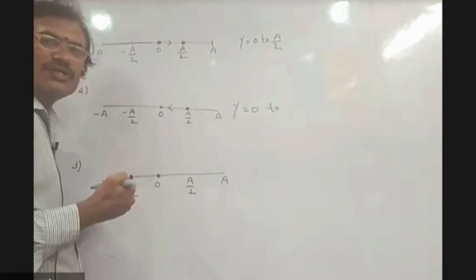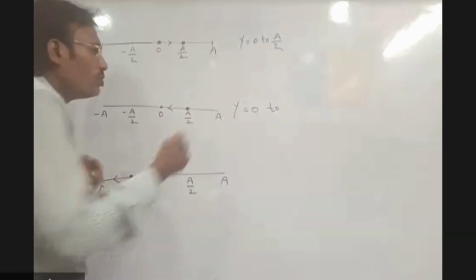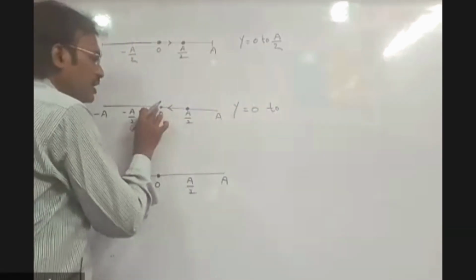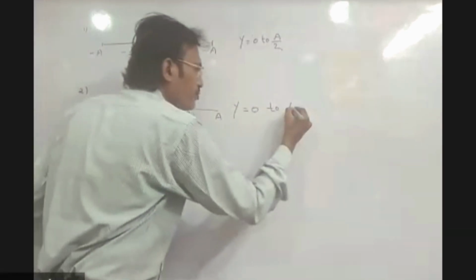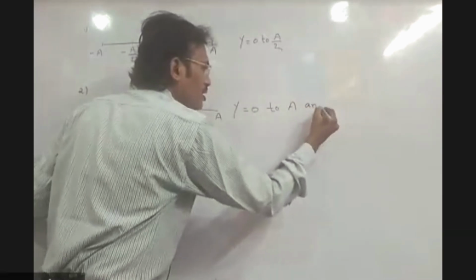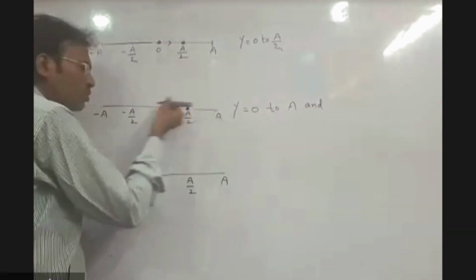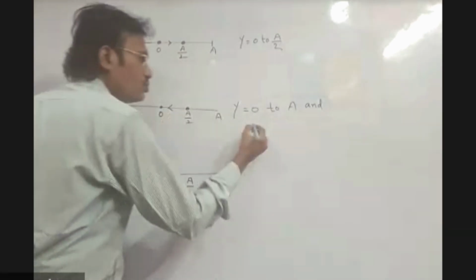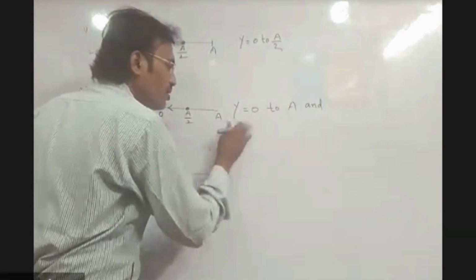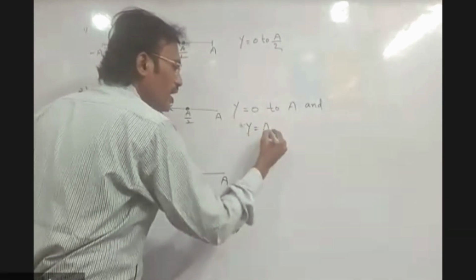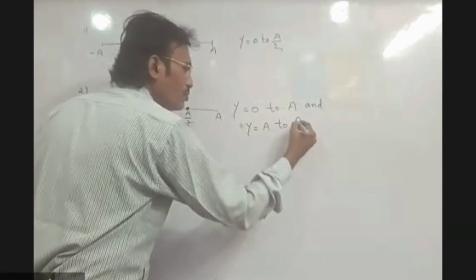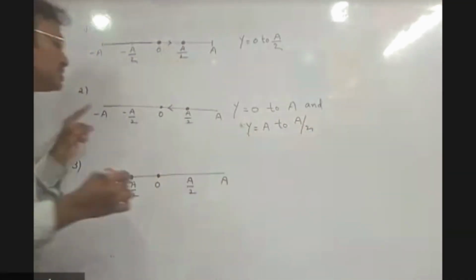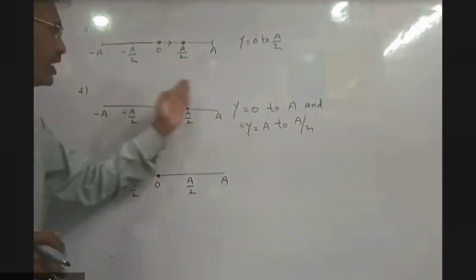So y is equal to 0 to A, and the arrow mark is like this. Again, A by 2 from A, so y is equal to A to A by 2. The meaning of this is 0 to A it traveled. Why?